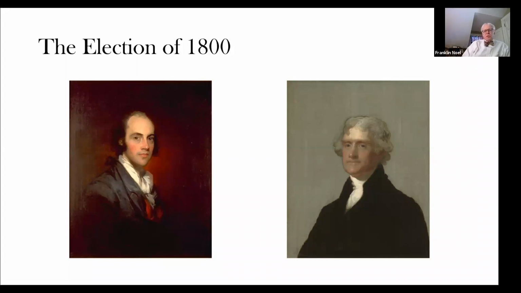Under those circumstances, the Constitution called for the House of Representatives to break the tie by voting by state, 1 vote per state. But on the first ballot in the House of Representatives, each candidate again received the same number of votes. After 36 ballots in the House of Representatives, Jefferson was eventually elected president and Aaron Burr vice president.